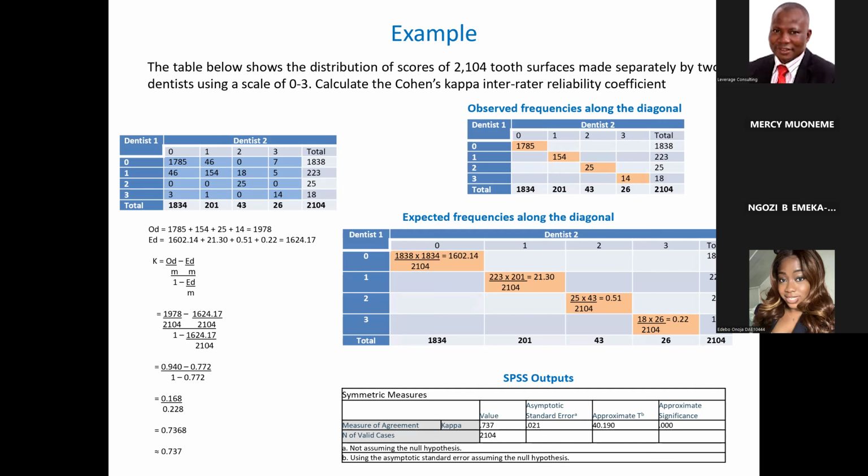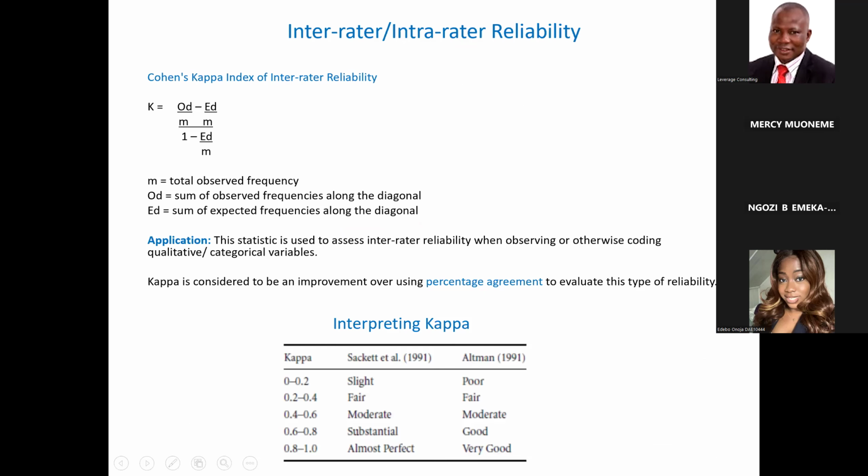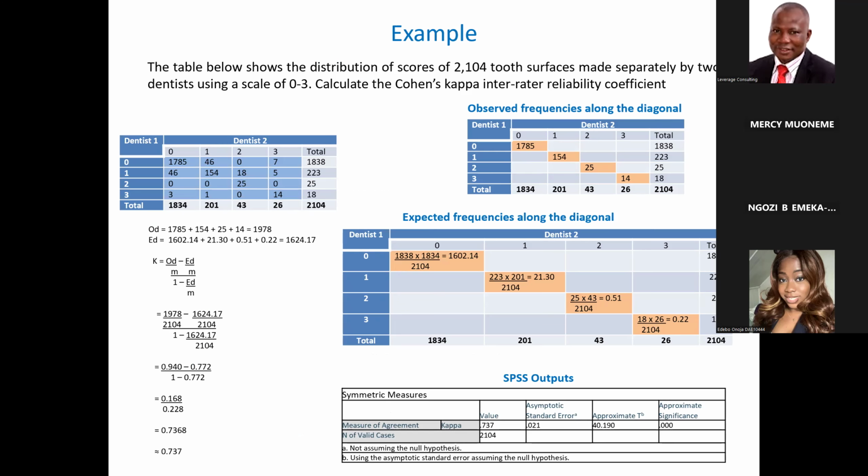Kappa is the sum of the observed frequencies along the diagonal, OD, minus the sum of the expected frequencies along the diagonal, ED, over M minus ED, where M is the grand total observed frequency. So you will see, if you put in the formula, it gives you the same thing.